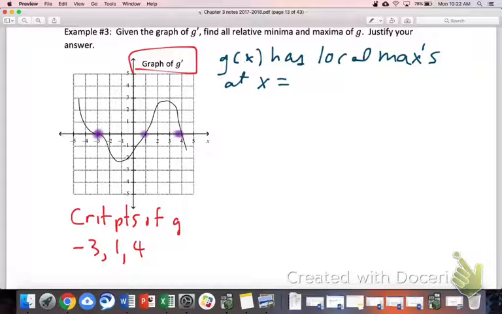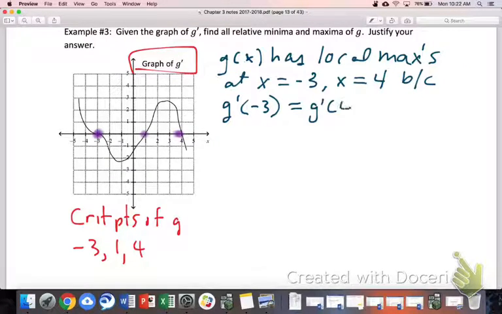Do you see it? x equals -3 and x equals 4. Because, let's talk about the because. Please don't pack up yet, I still got 2 minutes. g prime of -3 equals g prime of 4, and they both equal 0, so they're critical numbers.